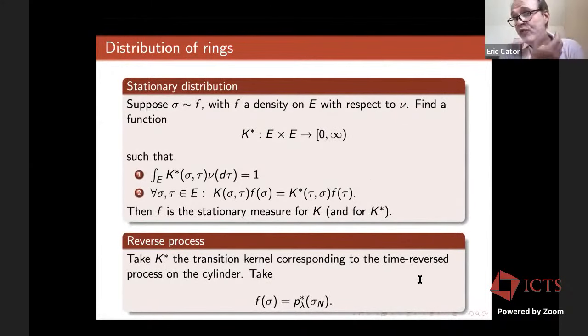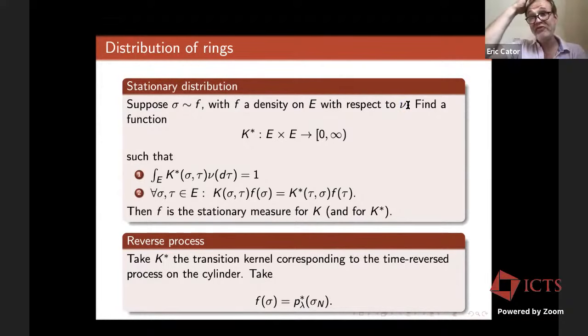Okay, how do I prove that my guess for the stationary distribution is actually correct? What I'm going to do is use detailed balance, the kind of detailed balance using a reversed process. So I will explain what I mean. Suppose sigma is distributed according to some f, with f a density with respect to the dominating measure nu.